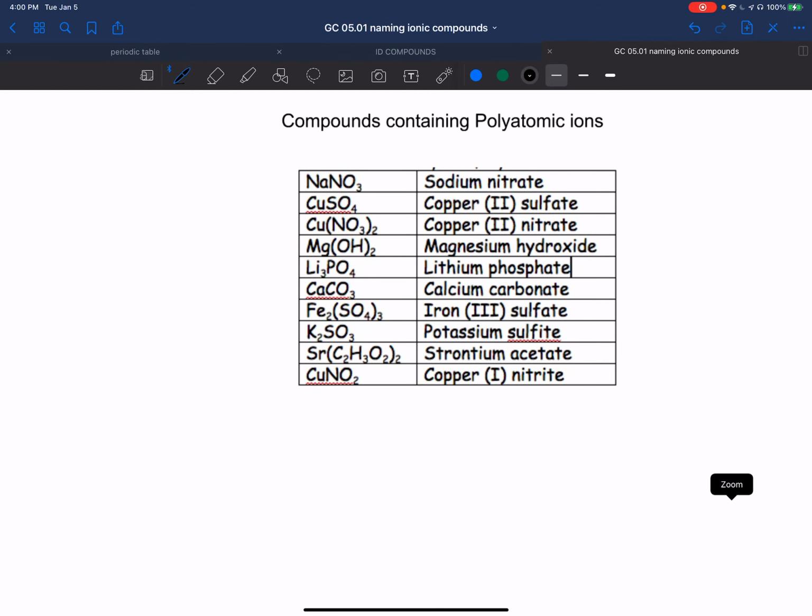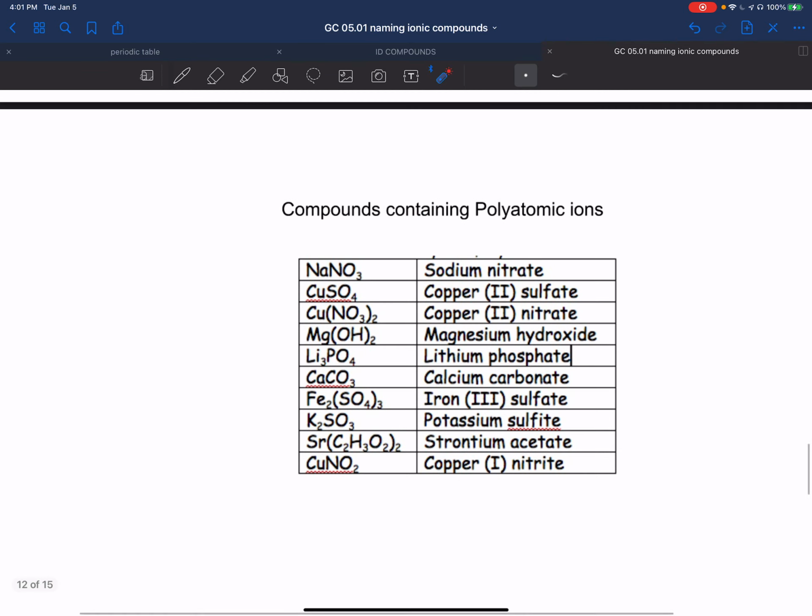Now we've got 3 types of elements. A lot of these still start with a metal, but now they have other things here. So these are called polyatomic ions. Remember, poly meaning many. So many atomic ions.